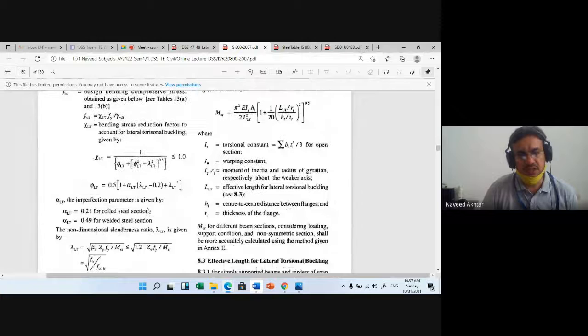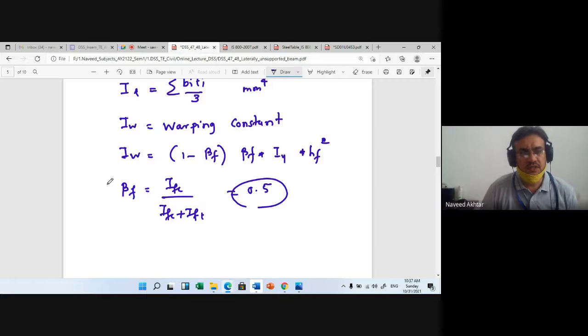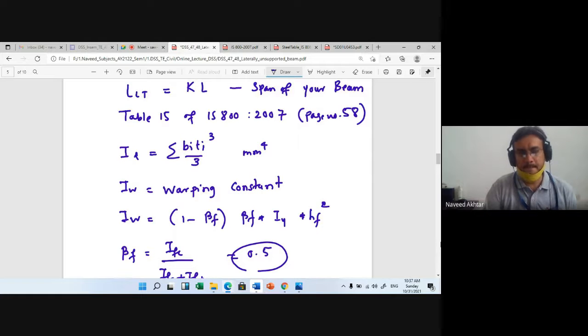Here hf and LLT are given. Iw is the warping constant. IT is the torsional constant. So this you can find out.